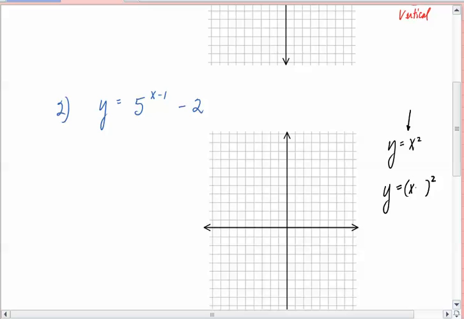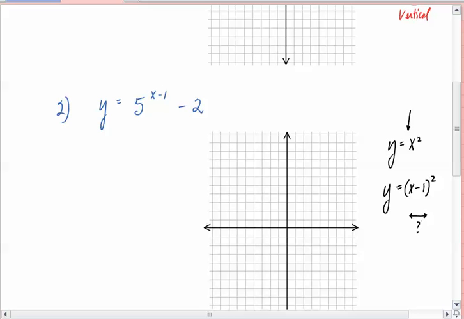It could be in the parentheses, it could be inside the radical if it was a square root function, or inside the absolute value bars if it's an absolute value function. But if it's in there with the x, then it's a horizontal translation, this way or this way. So let's just say that I had the -1 just like we have up here.